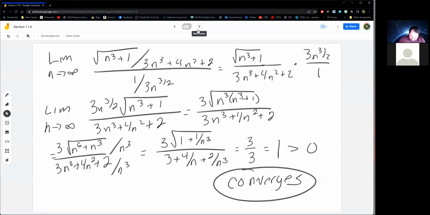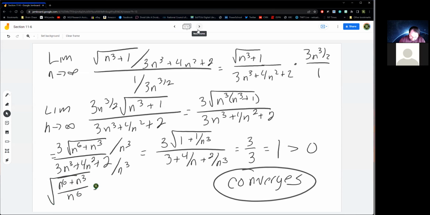Just making sure I'm not missing anything. Nope. So this right here ends up becoming n to the sixth plus n to the third over n to the sixth. When you bring in the 3, it's basically n to the sixth. So it's that whole thing.